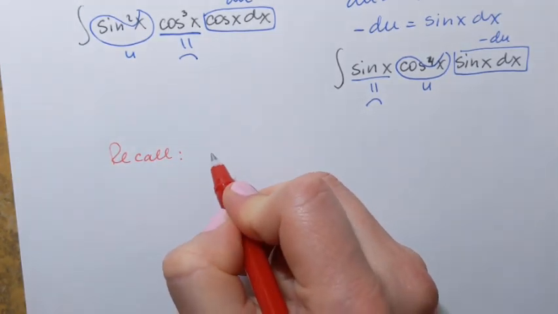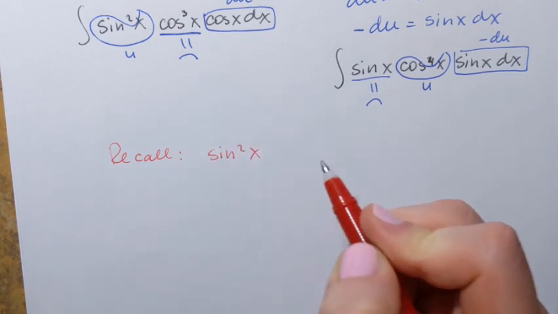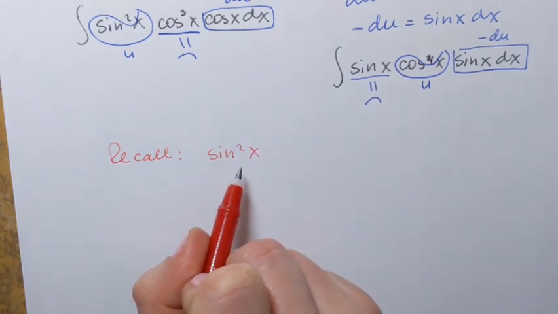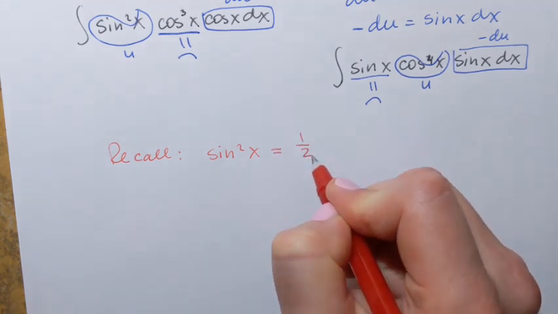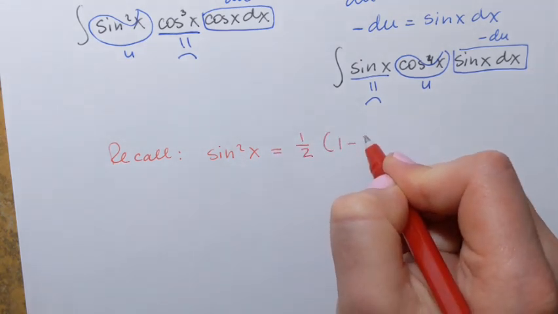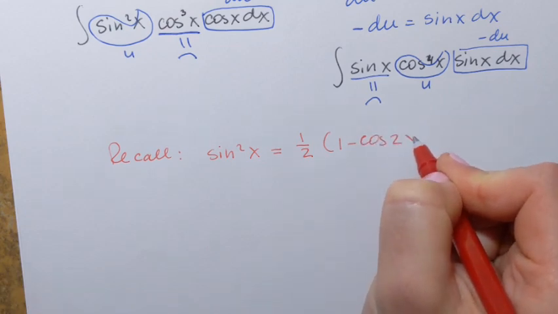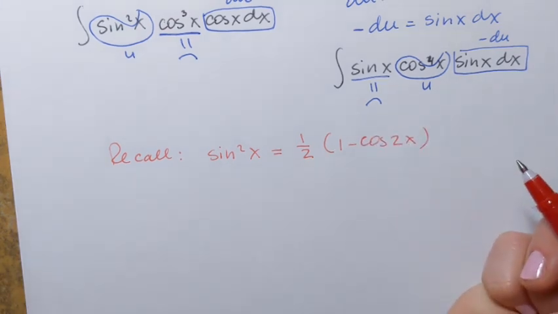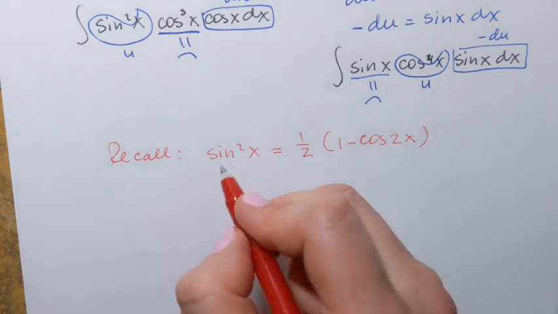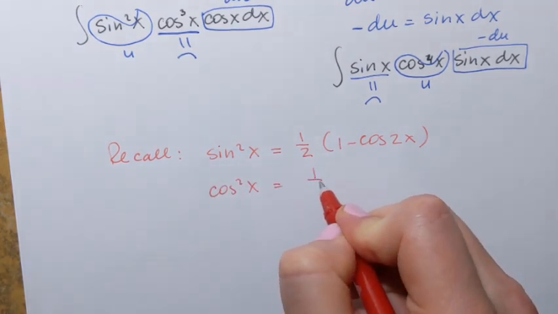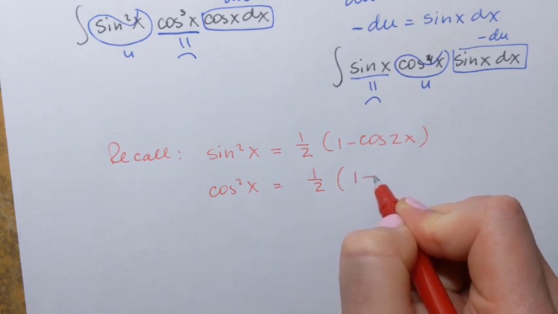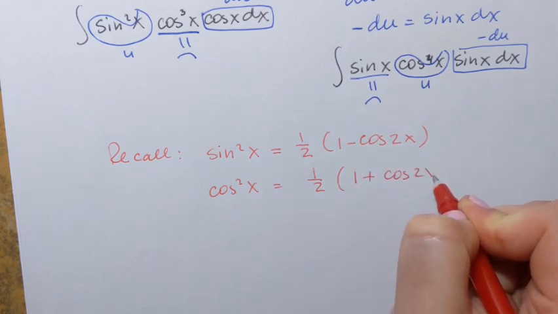Sine squared of x can be replaced by 1/2 times (1 minus cosine of 2x). And cosine squared of x can be replaced by 1/2 times (1 plus cosine of 2x).